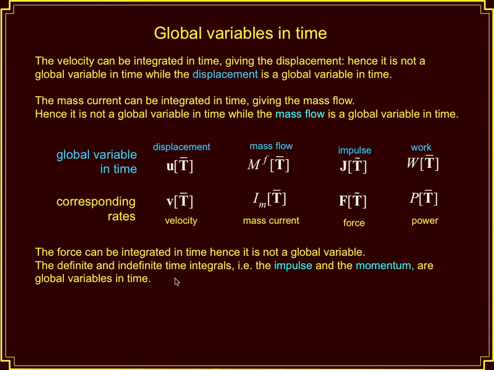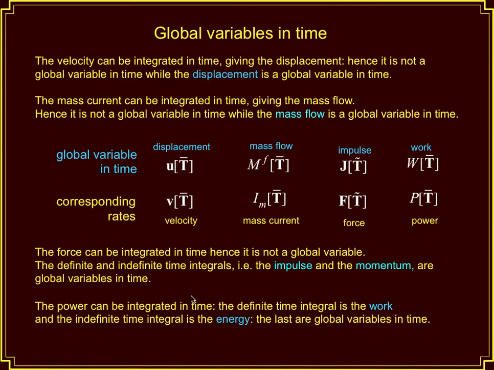The definite and indefinite time integrals, correspondingly impulse and momentum, on the contrary, are global variables in time. The power can be integrated in time. The definite time integral is the work, and the indefinite time integral is the energy. The last are global variables in time.